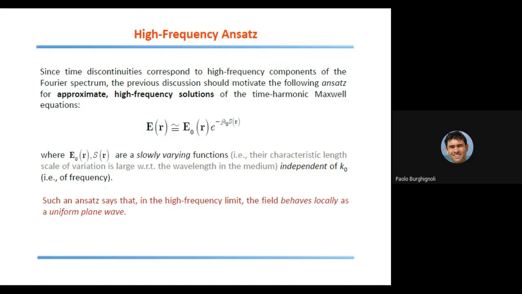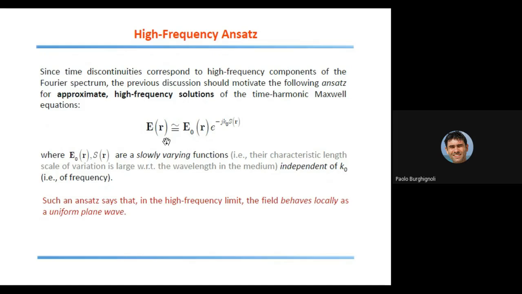So if we are looking for an approximation of the exact electromagnetic field, which is valid in the asymptotic limit in which the frequency is high, let's say in the limit of infinite frequency, then this corresponds to the behavior of the electromagnetic field close to the surfaces of discontinuity. And we have discovered that this behavior is exactly the behavior of a uniform plane wave.